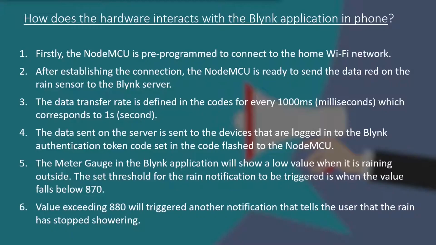When the value exceeds 880, it will trigger another notification telling that it is sunny outside, which means the rain has stopped showering. There's a bit of a gap here to avoid spikes and to increase the stability of the system, because sometimes the system might have a bit of instability in the middle state.